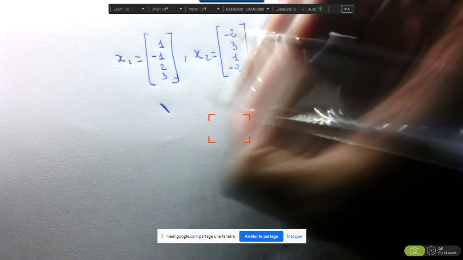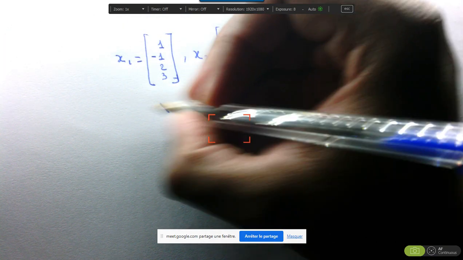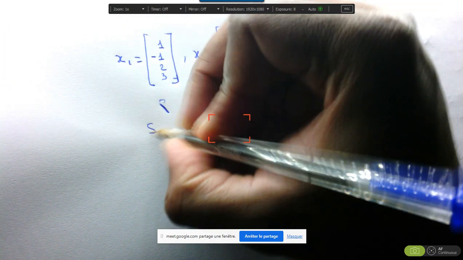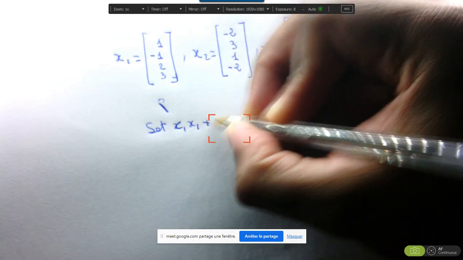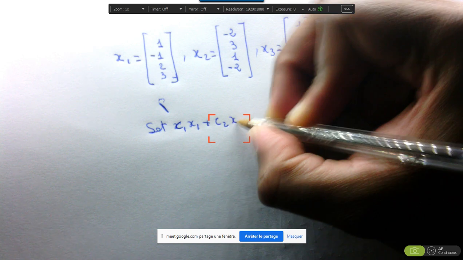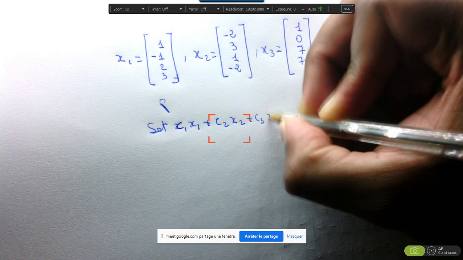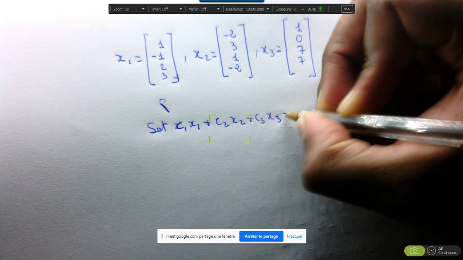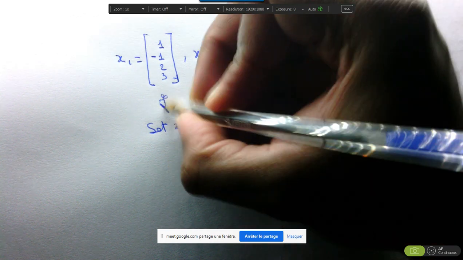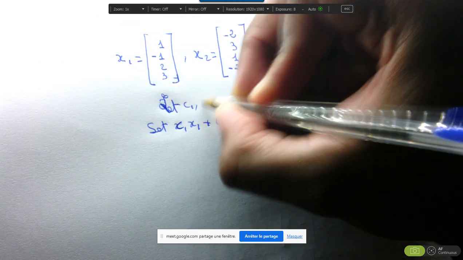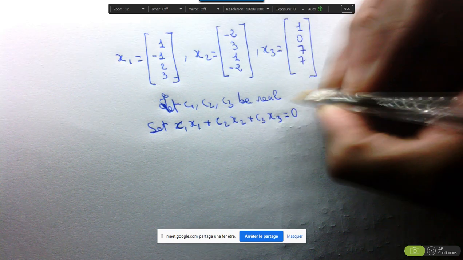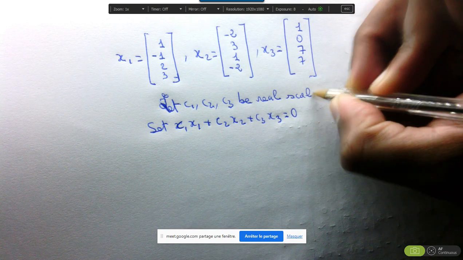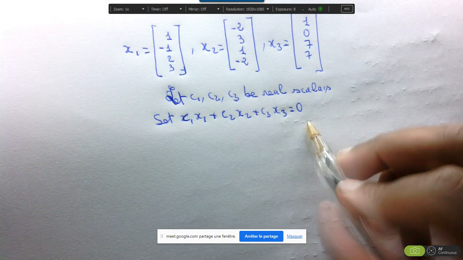What I can do is to set c1 x1 plus c2 x2 plus c3 x3 equals to the 0 vector. So here, let c1, c2, c3 be real scalars, and I set this equal to 0.